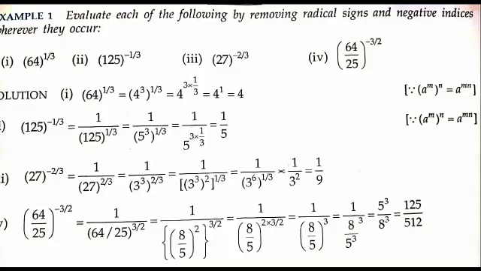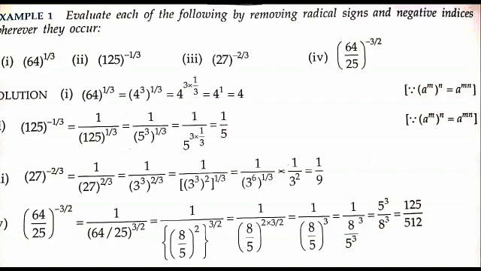Now moving ahead, I will consider a few questions. In the first question, I have: evaluate each of the following by removing radical sign and the negative indices wherever they occur. In the first, we have 64 to the power 1 by 3.